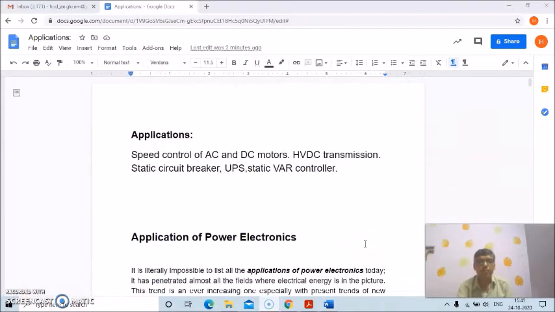With a quick recapitulation, what have we learned in this unit 7, after studying the entire power electronics and its applications portion of this unit? We have studied speed control of AC and DC motors, then HVDC transmission, static circuit breaker, UPS, and static power controllers.